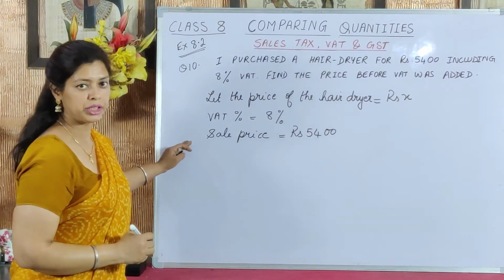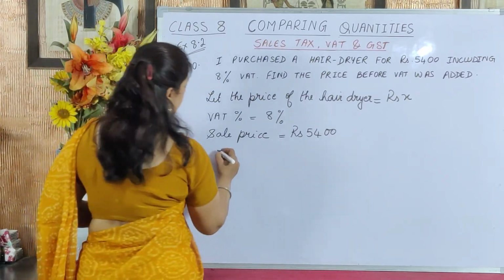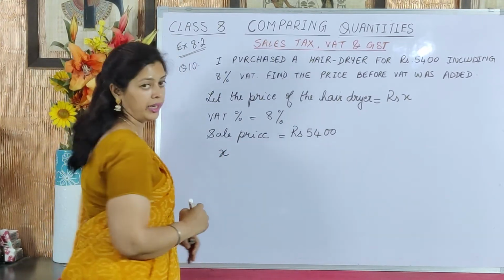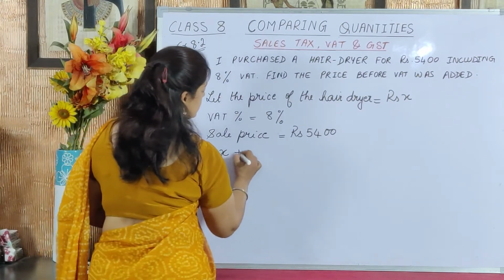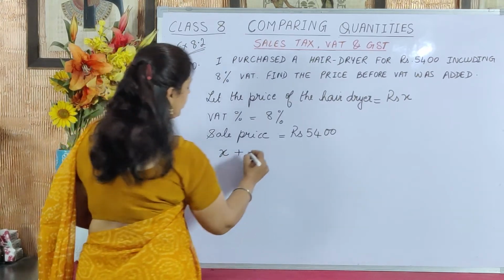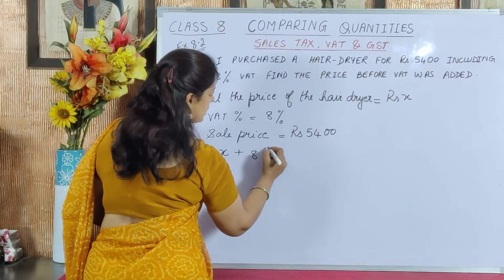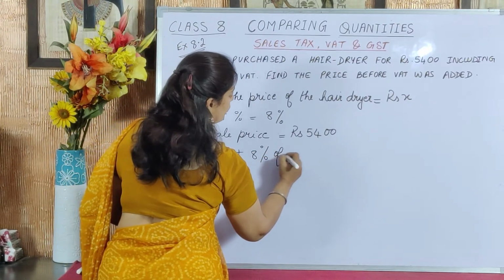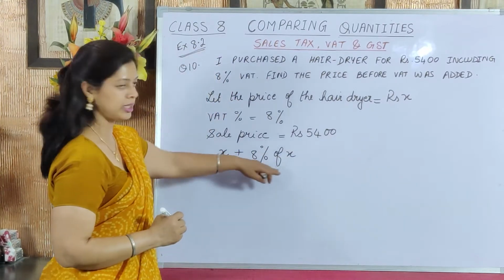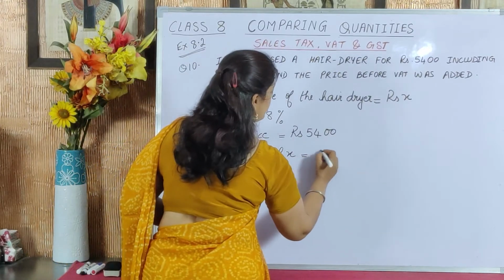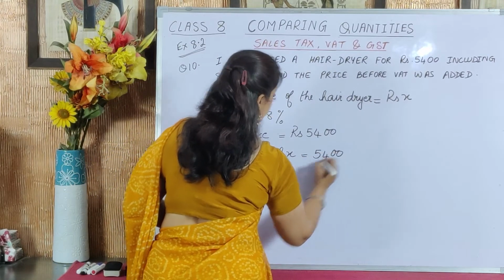Now according to the information given, we can say that the original price of the hairdryer, that is X, plus the VAT amount. VAT amount will be calculated on the original price, that is 8% of X, just like percentage increase, is equal to rupees 5,400.